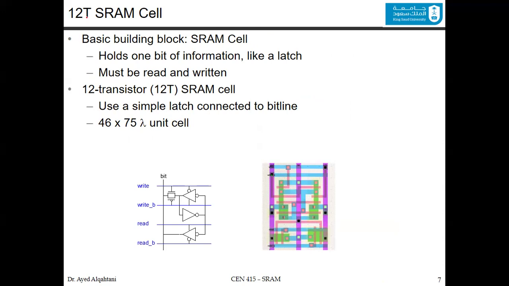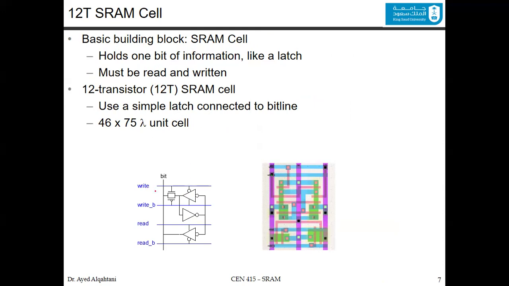One design is the 12 transistor SRAM cell. It's actually a basic building block for the SRAM cell. You hold one bit of information like a latch. And as you can see, we talked about the latch design before, and that's exactly what we do for the SRAM. We make it like a latch. So you hold one bit of information like a latch, and it must be read and written.